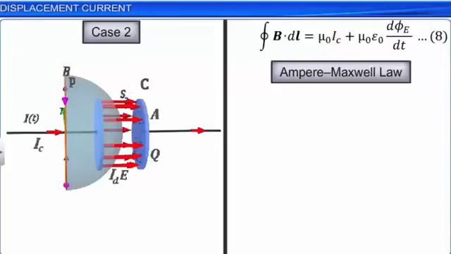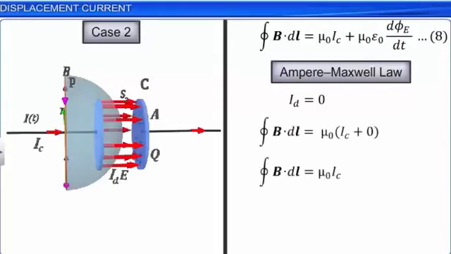If we consider the point P inside the capacitor plates, the source of the magnetic field at that point is only the displacement current, since the conduction current between the capacitor plates is 0. That is, the integral over the closed loop B dot dl is equal to mu naught into ID.